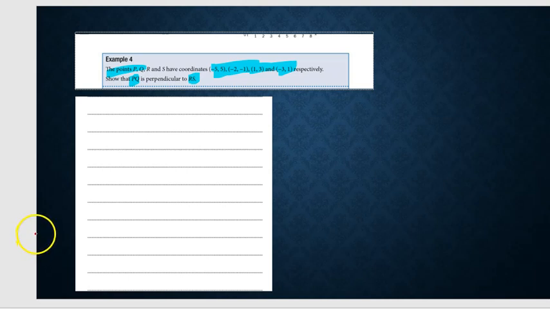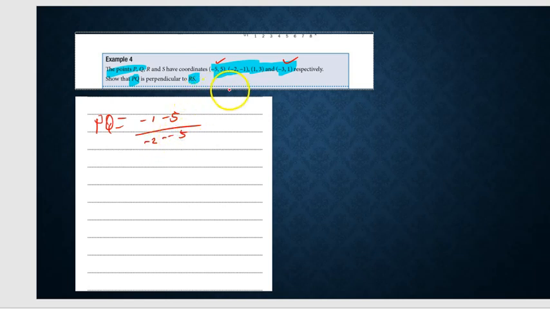Okay, so let's look at the gradient of PQ. Looking at the gradient, the change in y over the change in x. This is P, this is Q. So we take -1 minus 5, divided by -2 minus -5.